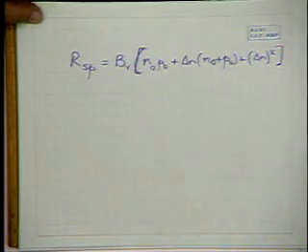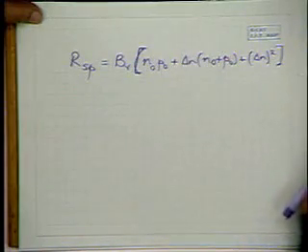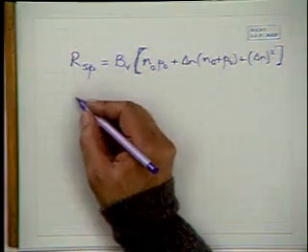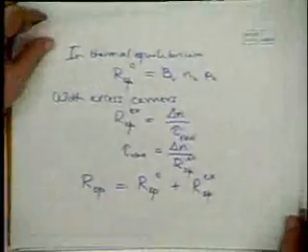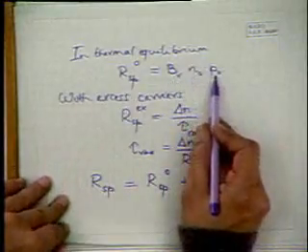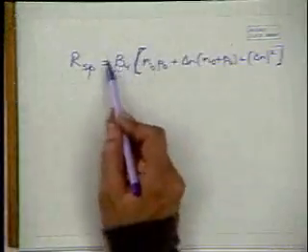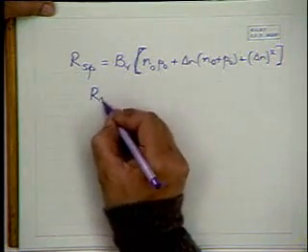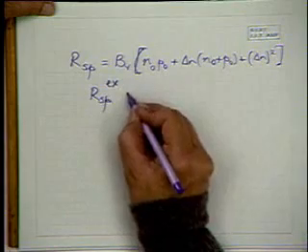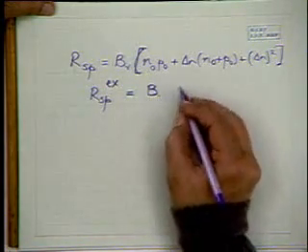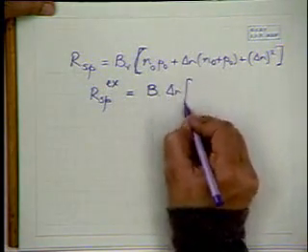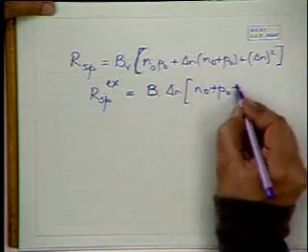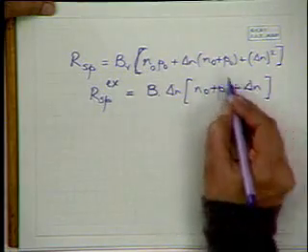But we know that RSP0 is Br n0 into p0, so the first term is just RSP0. So hence we can write that RSP excess is nothing but Br into delta n times n0 plus p0 plus delta n, these second and third terms.